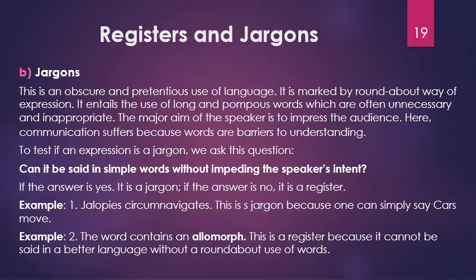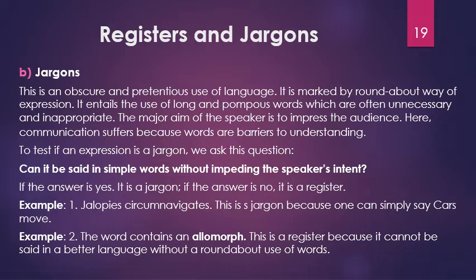The major aim of the speaker is to impress the audience. Here, communication suffers because words are barriers to understanding. If the language user attempts to be pompous or impressive in his dealings, he may end up using jargon, and at the end of the day there is every likelihood of a communication gap.